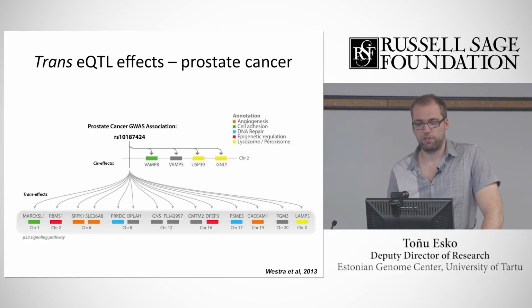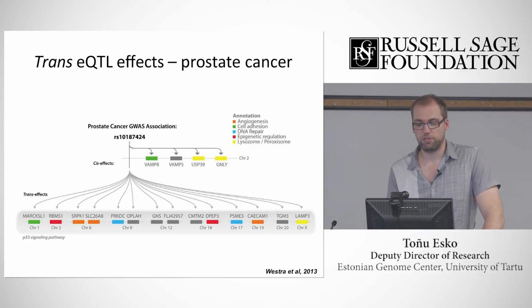Then, looking at whether this SNP specifically is affecting gene expression levels in genes nearby, there are 4 genes, and if you look at the predicted functions, believe me, those are not very clearly linked to cancer etiology. But then we looked for trans effects, whether this SNP is affecting gene expression across the genome, and what we found is that this SNP on chromosome 2 is actually affecting gene expression on chromosomes 1, 2, 6, 8, 12, 16, 17, 19, 20, and X.